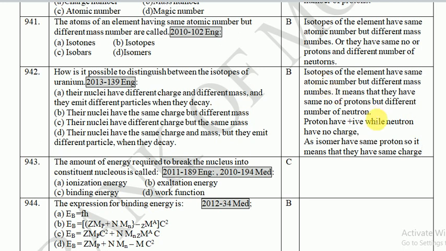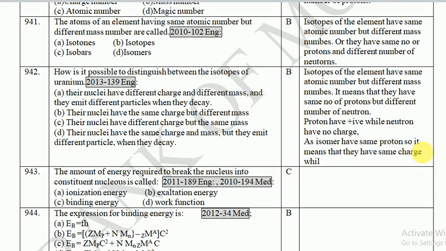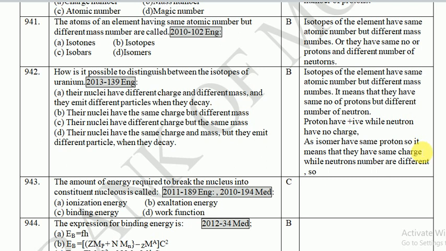The mass of an isotope nucleus is due to the mass of protons and neutrons. Isotopes have the same number of protons, so they have the same charge, while the number of neutrons is different, so the mass is different.